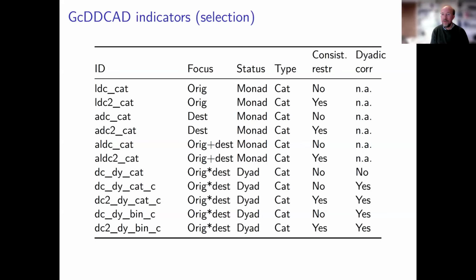So as you will see in the paper, we have a number of variables in our data set that allow you to do different things, depending on what you're interested in. If you're interested only in a monadic perspective, only in destination country rules or only in origin country rules, then the monadic data will be sufficient for you.